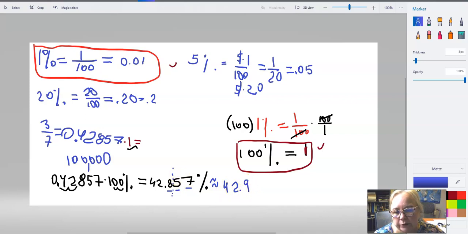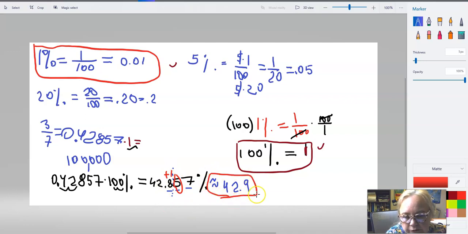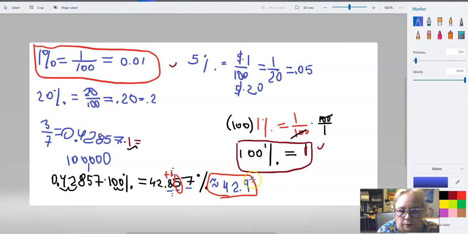Why is it 9? Because the following digit is 5. If the following digit is 5 or higher, you add 1 to the digit in the place you round to. So we rounded to tens, or 1 decimal place. So 42.9%.